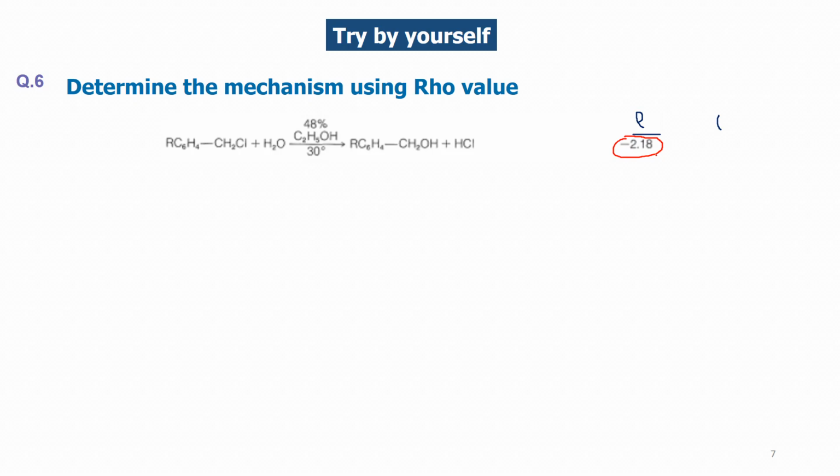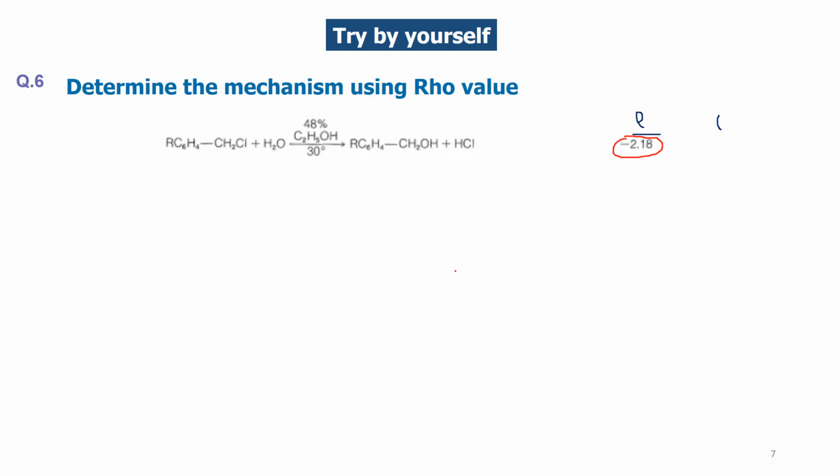A high positive value means that when we add an electron withdrawing group, the intermediate gets stability. Similarly, when the intermediate is positively charged and the rho value is negative, adding an electron donating group gives the intermediate some stability. That's why the rate enhances.